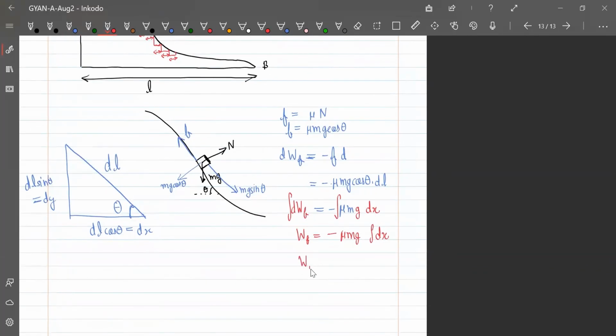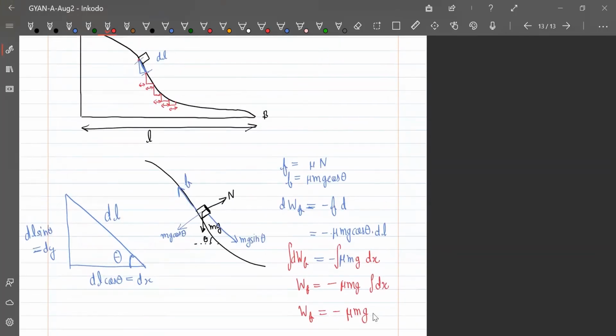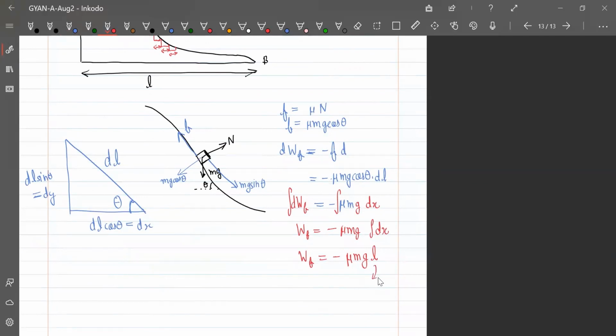So the work done by friction equals minus mu mg, horizontal displacement, which is written as L here, so minus mu mg L, where L is the horizontal displacement on the rough block. So the work done by friction depends only on the horizontal displacement and nothing else.